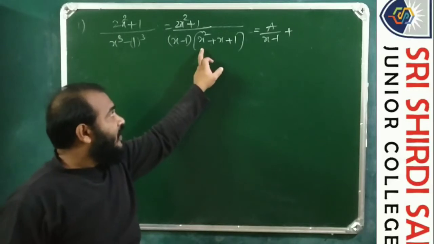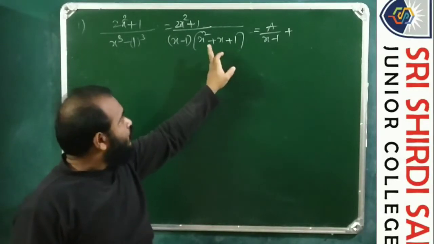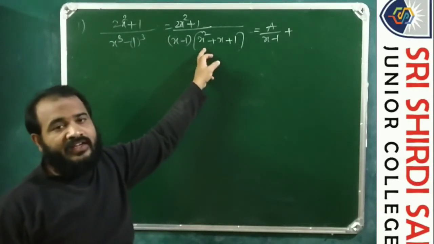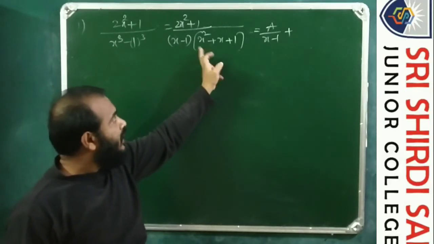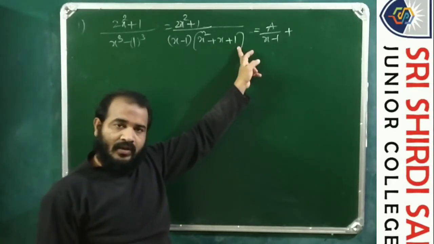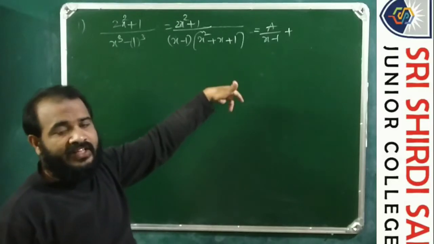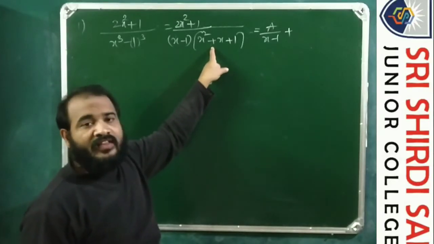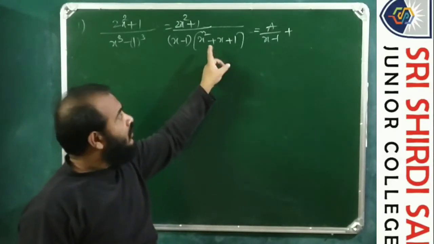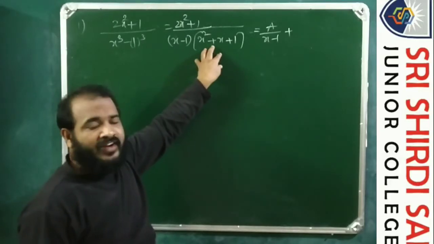Now this is x square plus x plus 1. This is not a linear factor, it is a quadratic factor of the form ax square plus bx plus c. So we need to see whether it is further decomposed or not. What I mean to say is, is it reducible or not?